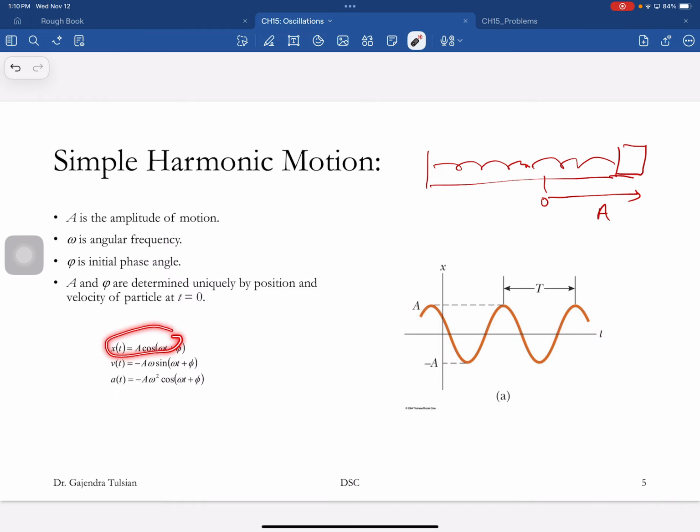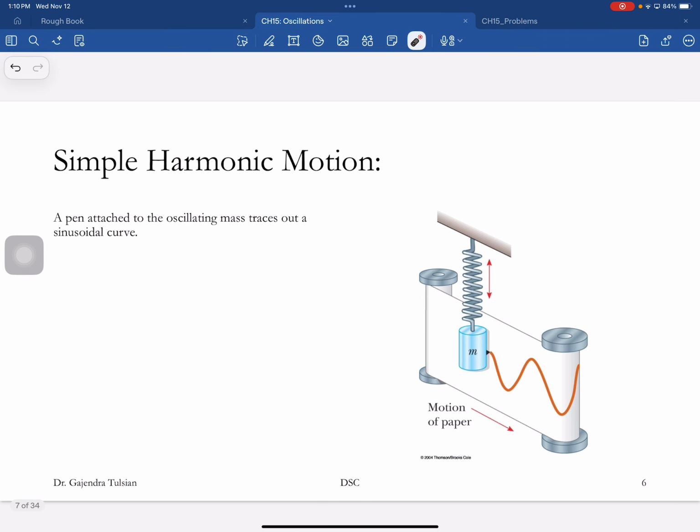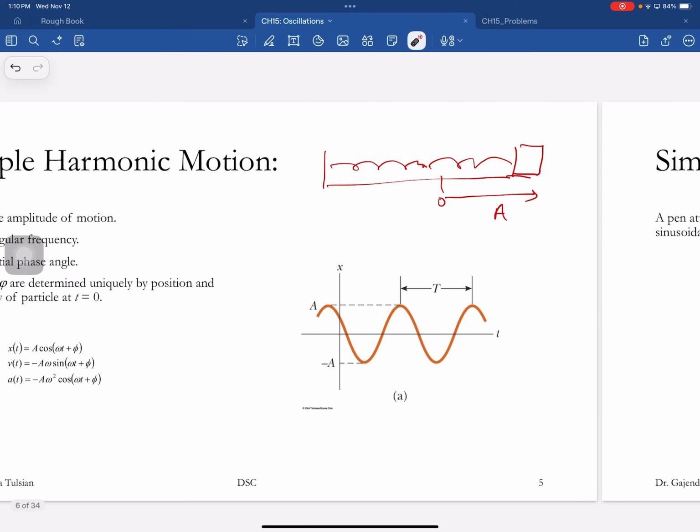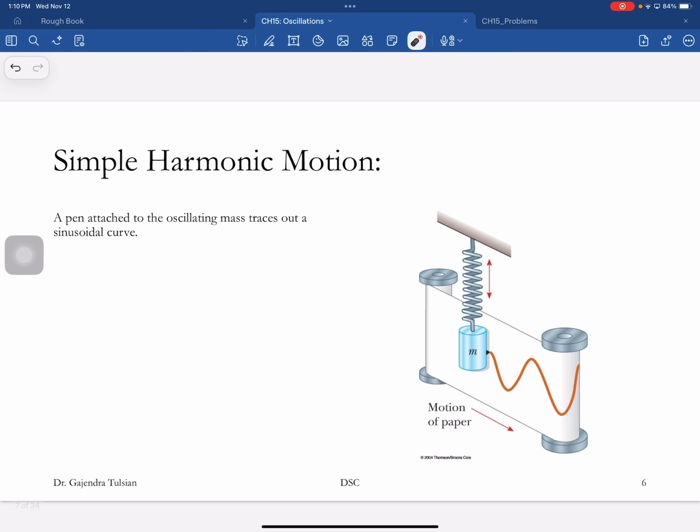That's what this function is telling you. And then you attach a pen to this mass, and as it goes back and forth, you get a sine or cosine curve. So this is a physical illustration of this solution.